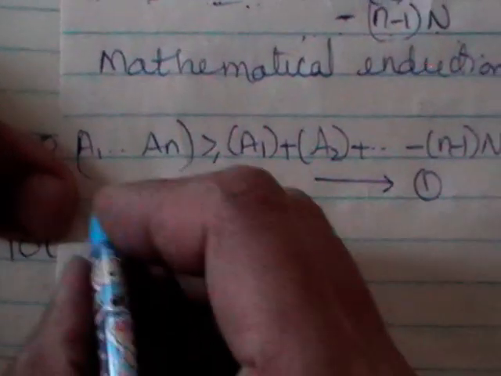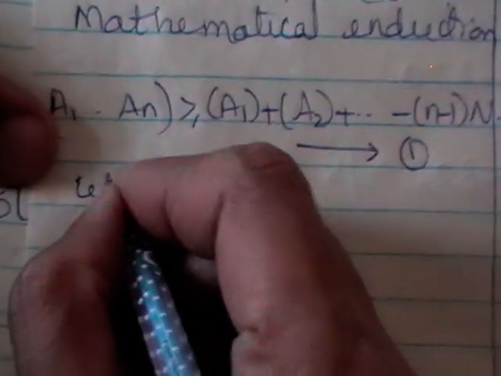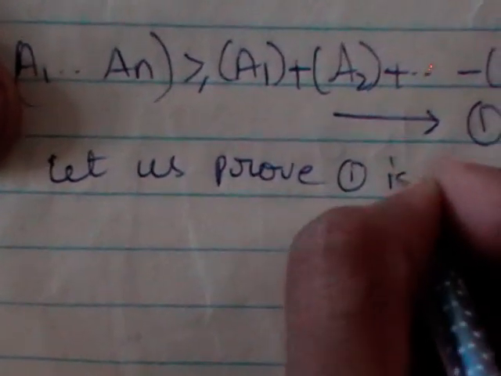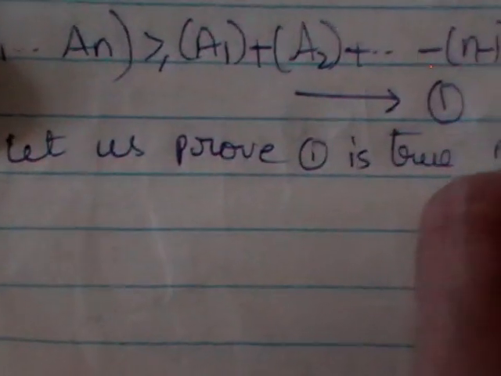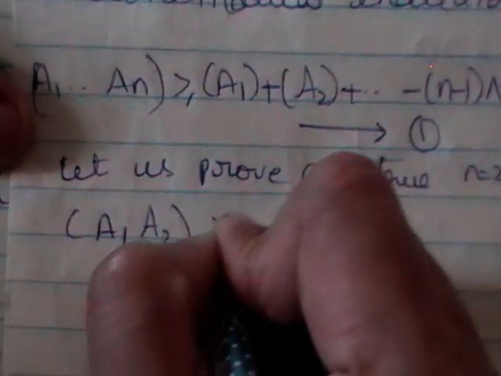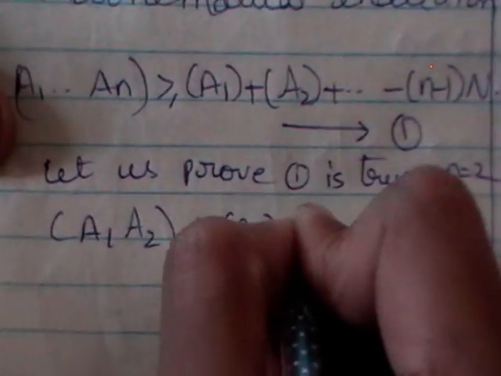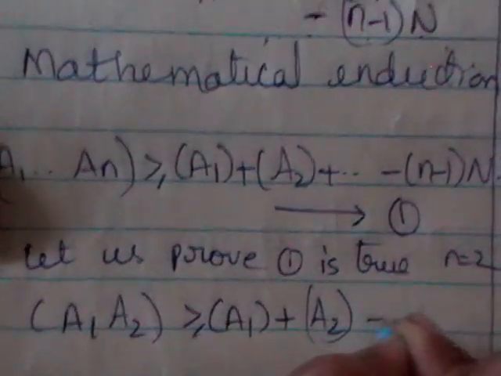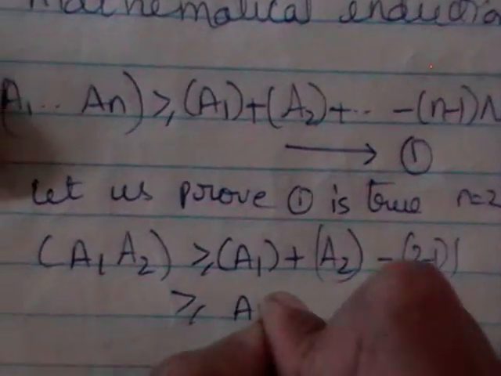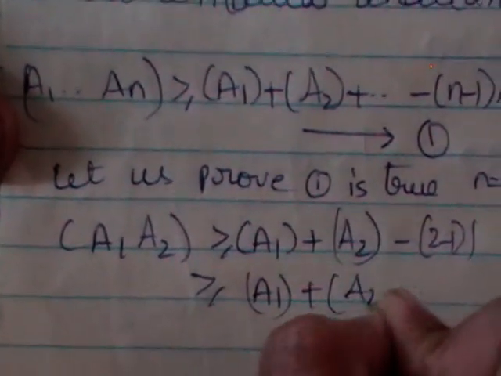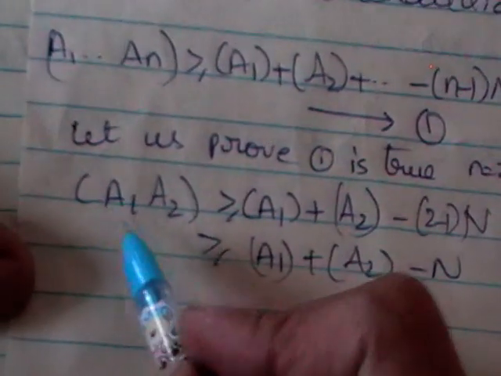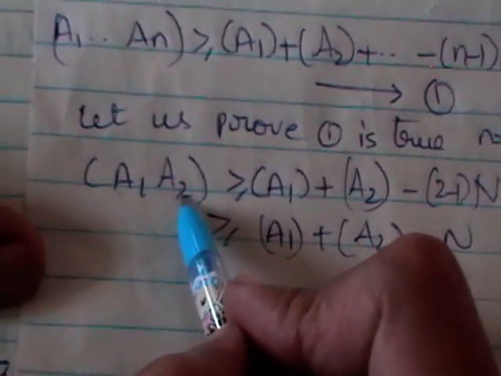Let us prove 1 is true at n is equal to 2. That is, considering only 2 attributes, bracket A1 A2 is greater than or equal to bracket A1 plus bracket A2 minus (2 minus 1) into N. To prove that, see, you have here A1, A2 as 2 attributes.